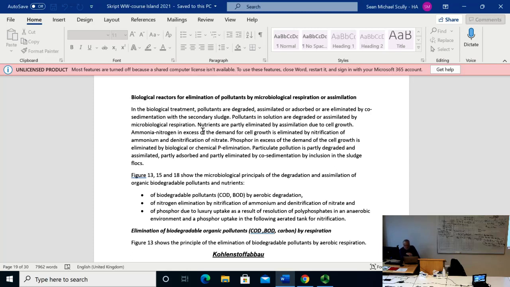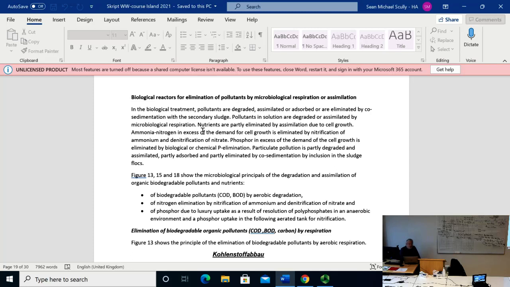The nitrogen in the cells is 5% of the COD that's assimilated in the cells. So the ratio of degraded COD, respirated and assimilated, to nitrogen eliminated by assimilation is 100 to 2.5.